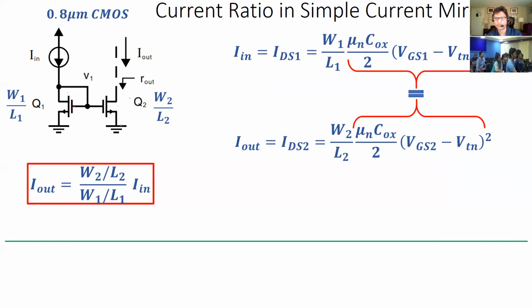If all the process parameters are equal, then it's just W2 over L2 over W1 over L1. Just review the material, and know what the output impedance of your current sources is, which in this case, for example, is RDS2. I don't think you have to go deep into all the different kinds of current sources, cascode current sources, and all that.